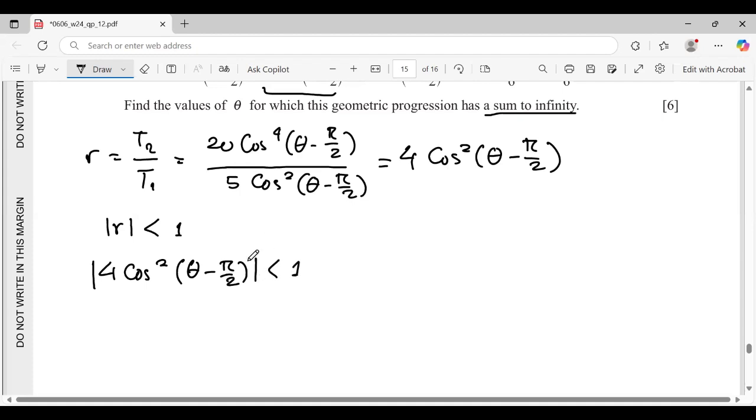And the value of cosine squared of theta minus pi half is always positive. So we can write that cosine squared of theta minus pi half is less than 1/4, because divided by 4.